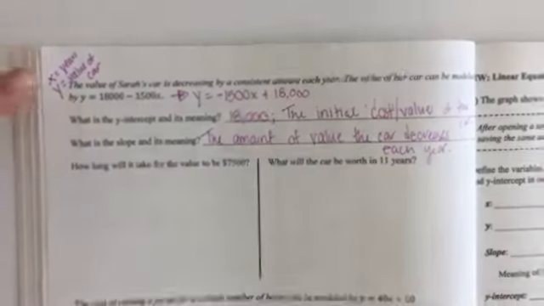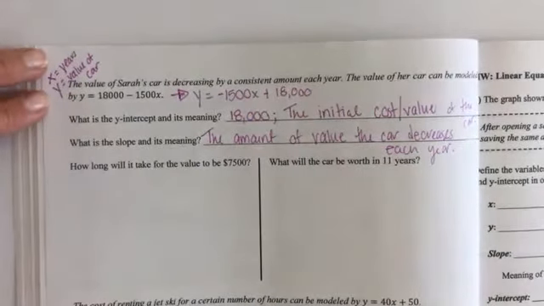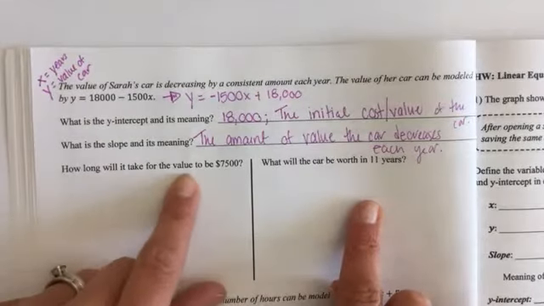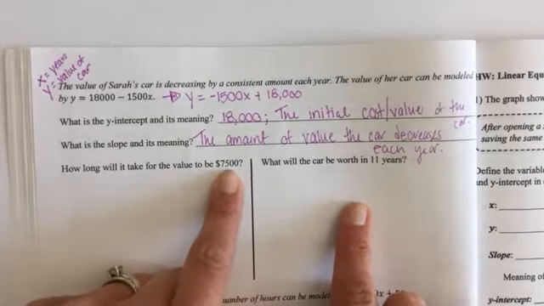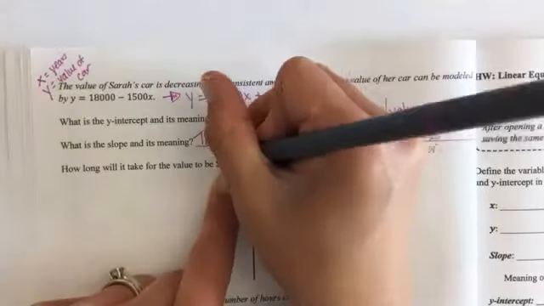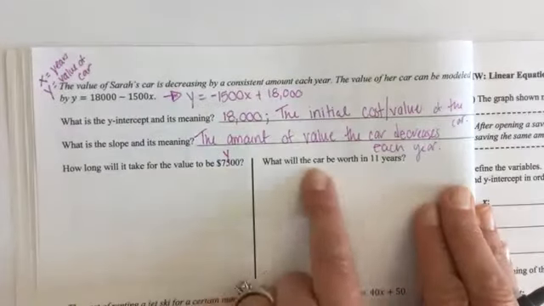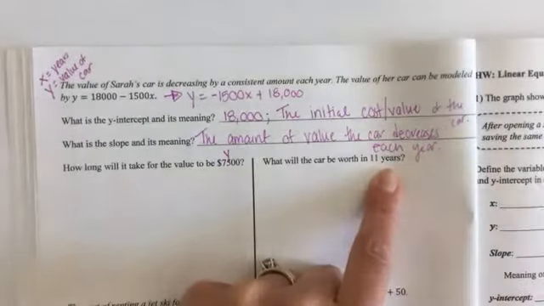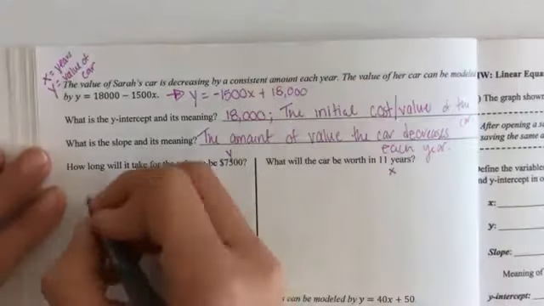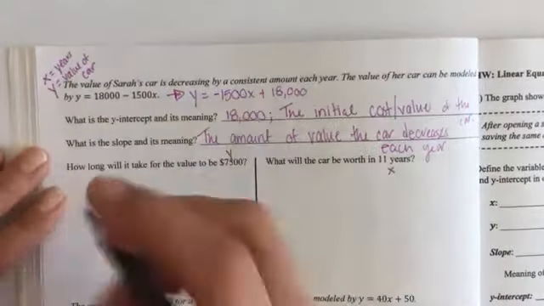So I really like to pick out these things when I start the problem, because then when I get a question, how long will it take for the value to be 7,500? Is the 7,500 your X or your Y? Your Y. Then look at your other question. What will the car be worth in 11 years? Is 11 your X or your Y? Your X. So if we have an equation, you can use either equation, it does not matter.